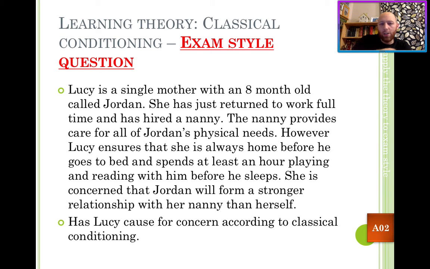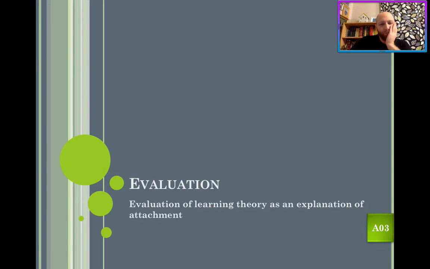But classical conditioning, over time, the baby will associate the removal of negative stimuli, the provision of positive stimuli, experience and reinforcement with the nanny, and the nanny is neutral stimulus in this case. So over time it is likely that the child will form a strong bond, if learning theory is correct, with the nanny.